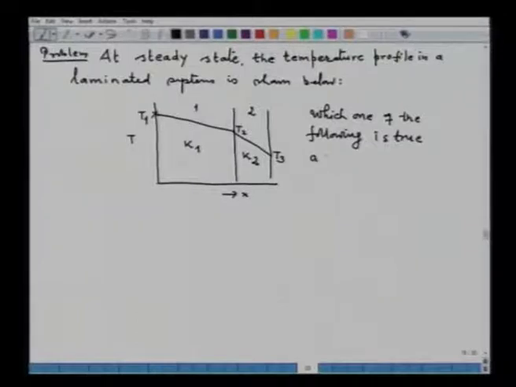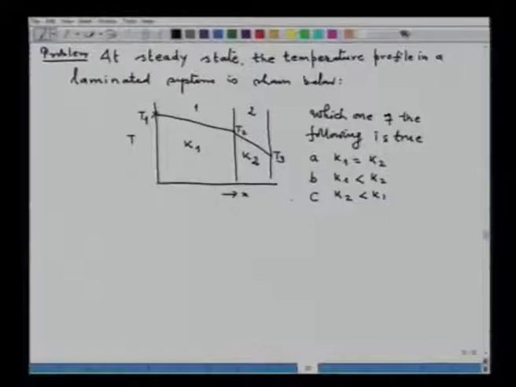A, K1 equal to K2; B, K1 less than K2; C, K2 less than K1. So, you have to answer this question, and you note that there is a steep temperature gradient in material 2, therefore statement C is correct. C is correct.